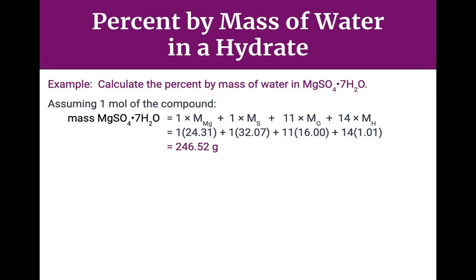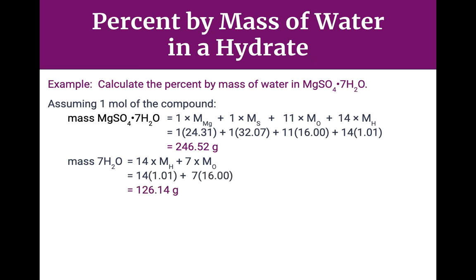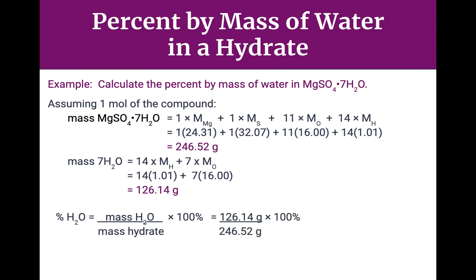Then we need to know just the mass of the water. And in this case, there are 7 of them. So what is the mass of 7 waters? We've got 14 hydrogens and 7 oxygens. So the mass of 7 waters is 126.14 grams. Now we can calculate the percent of water by taking the mass of the water and dividing by the mass of the entire hydrate.